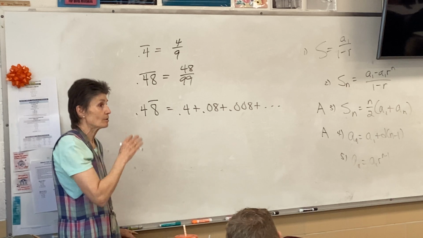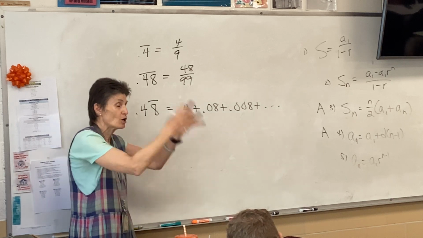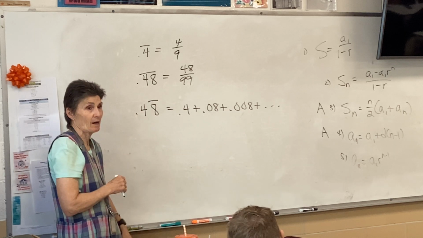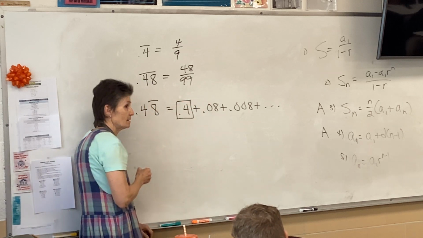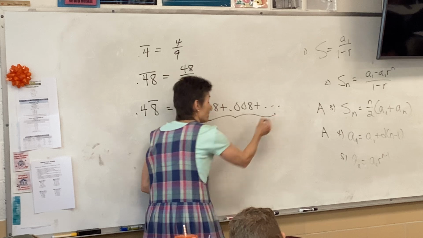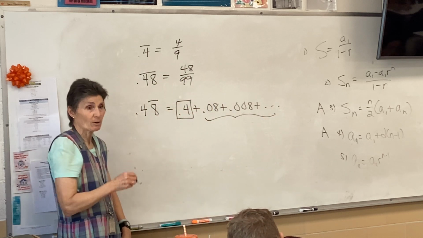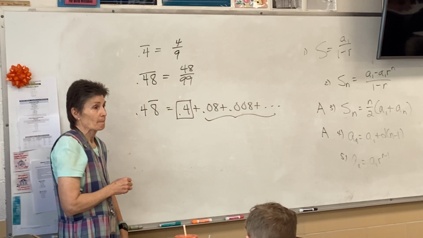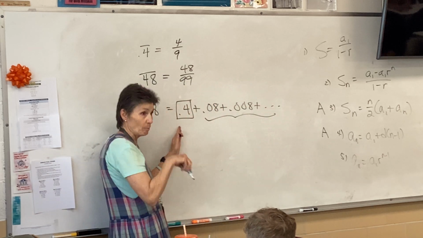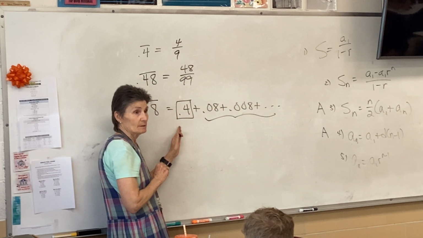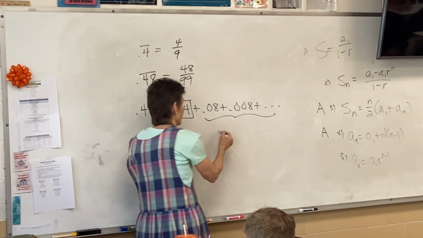These kinds you can't just jump to the answer, you have to work these out. This is not part of the sequence, that's the repeating part. The repeating part is the sequence. So I will do the repeating part and then add in the 0.4 at the end. Okay, so what does this look like?